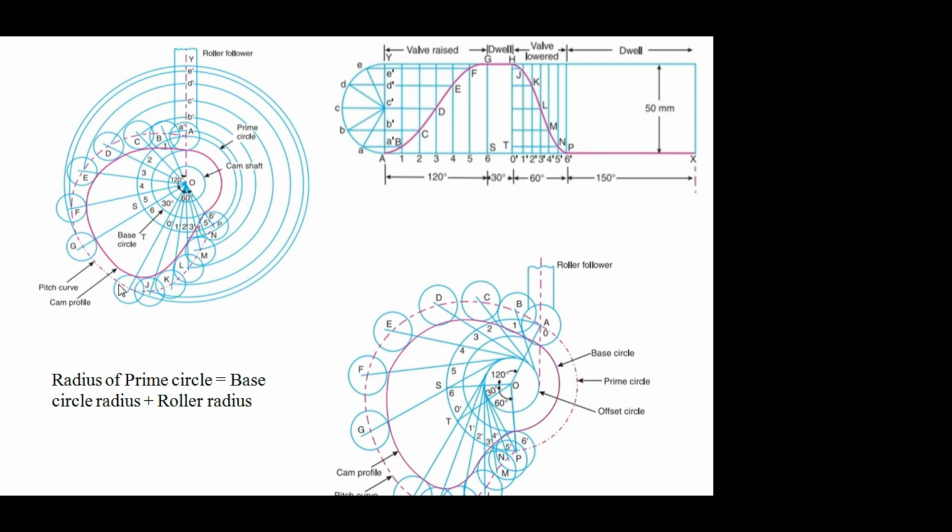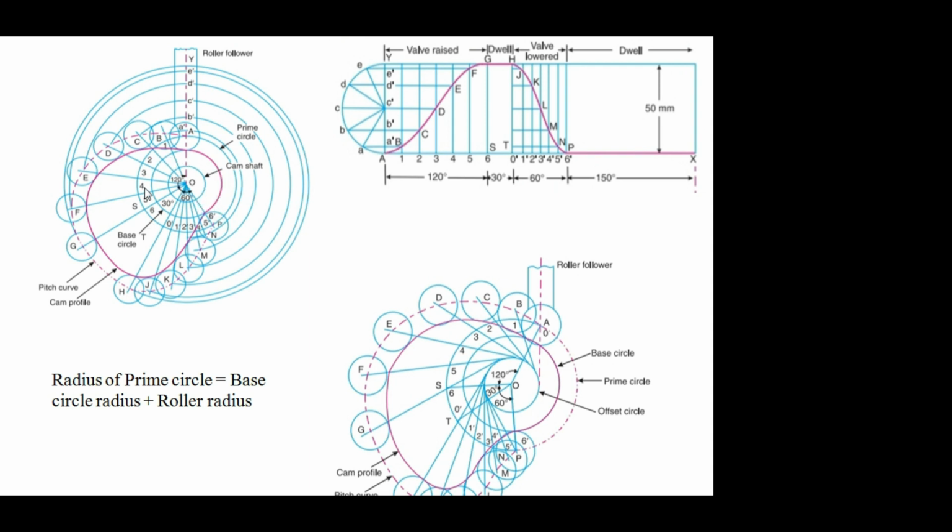Okay, after drawing all these rollers, listen once again. Taking B, C, D, E, F, all these points as a center of roller, draw the rollers, and touching all the rollers, draw the smooth curve. You will get the cam profile for the given data.